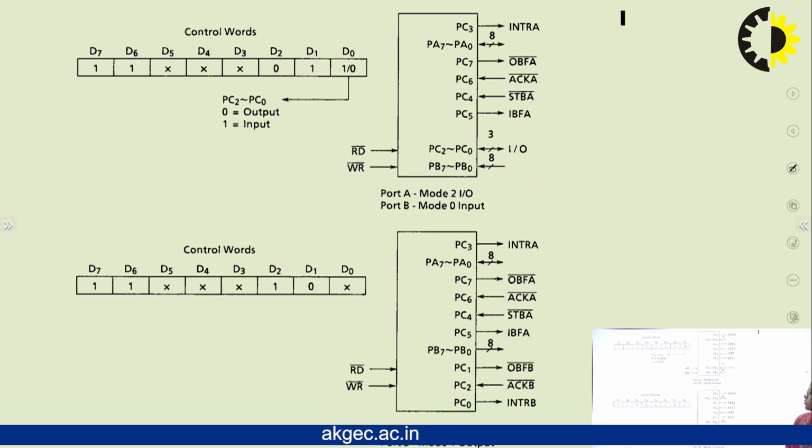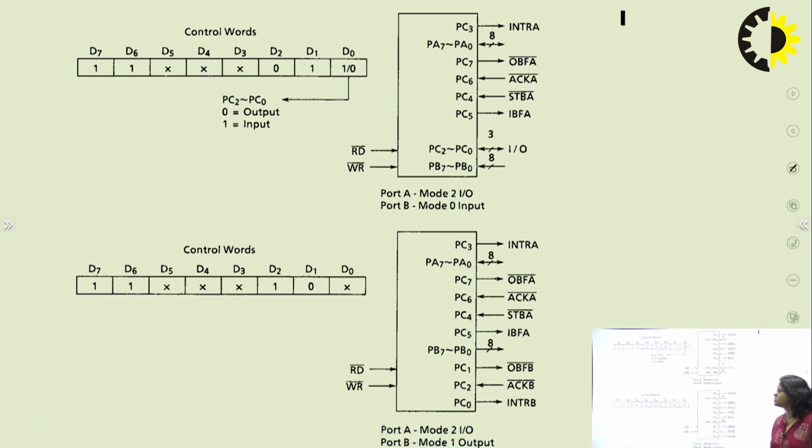So this is the control word in case of port A in mode 2 IO, that is bidirectional, and port B in mode 0. So D7 pin is 1, which shows IO mode.